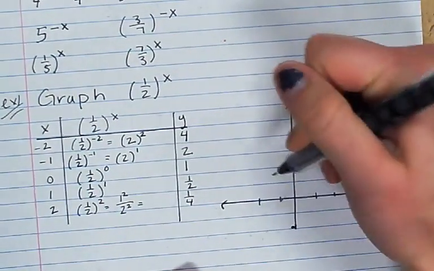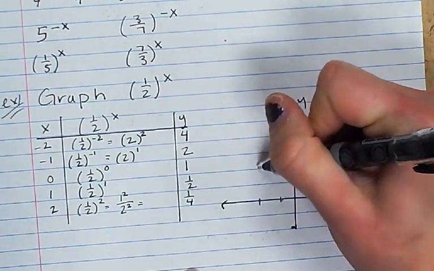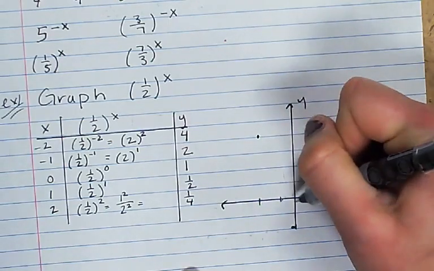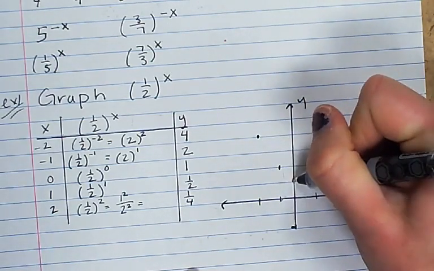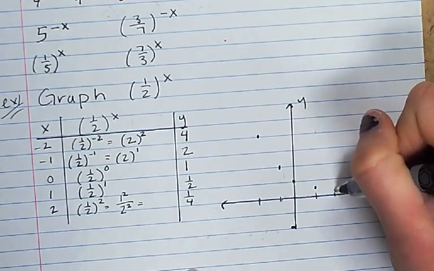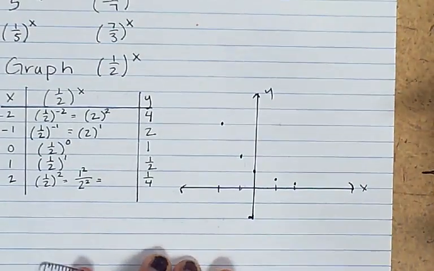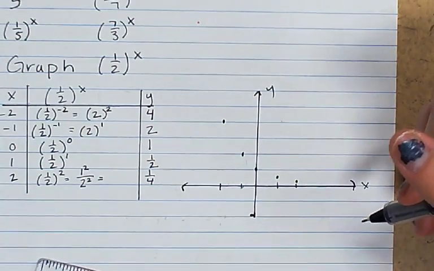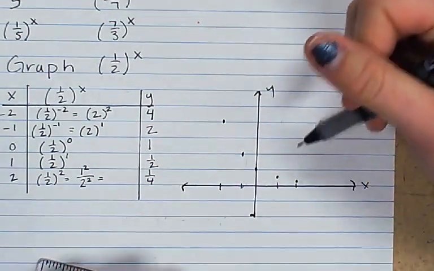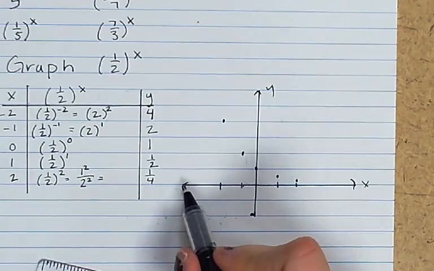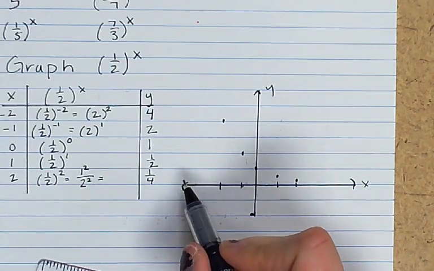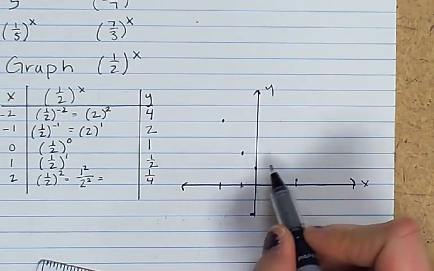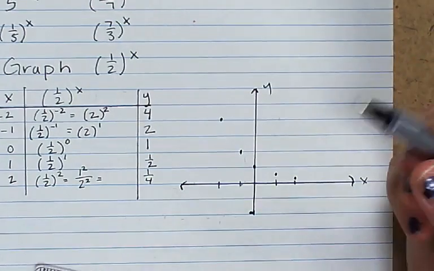So if I plot all my points here, we'll be at -2, 4, -1, 2, 0, 1, 1, 1/2, 2, 1/4. So exponential decay is very similar to exponential growth in the way that the graph looks. The only difference is exponential growth, as you go from left to right, it's really, really close to the x-axis, and then it shoots up really quickly.